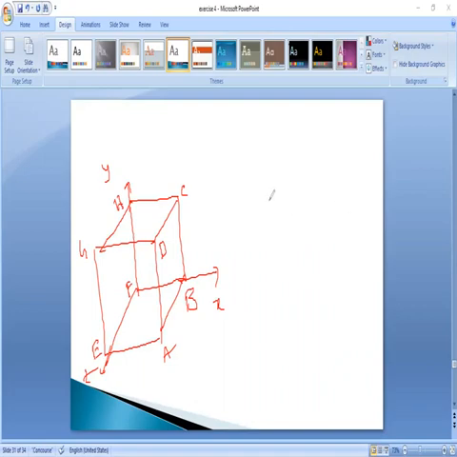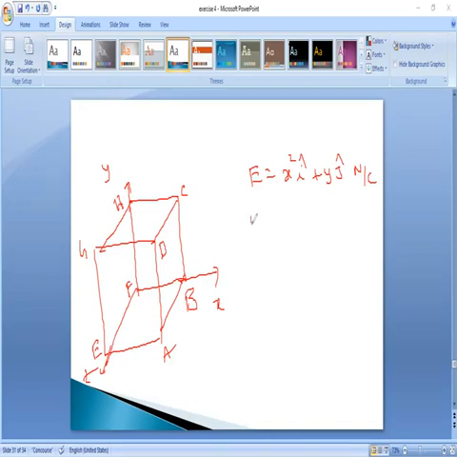So the electric field given here is E equal to x square i cap plus y j cap Newton per Coulomb.